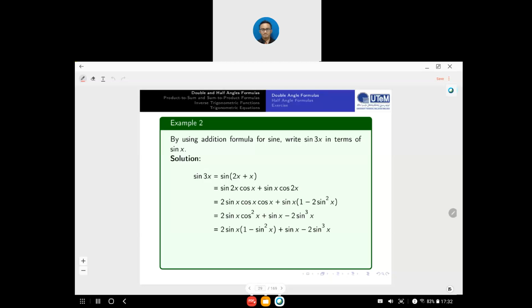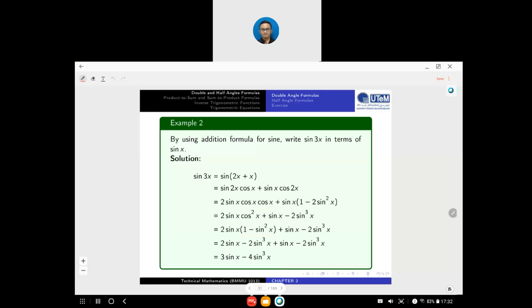Okay, factorize cos square x, this one becomes 1 minus sin square x, and then this one is also equal to this one, expand. Okay, and then you can get the final value equal to 3 sin x minus 4 sin cube x.